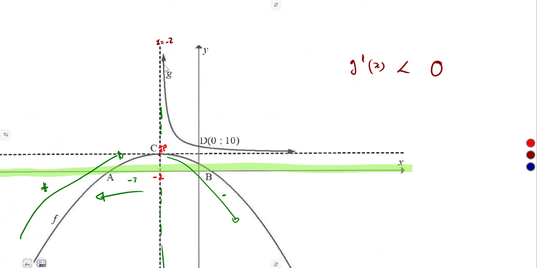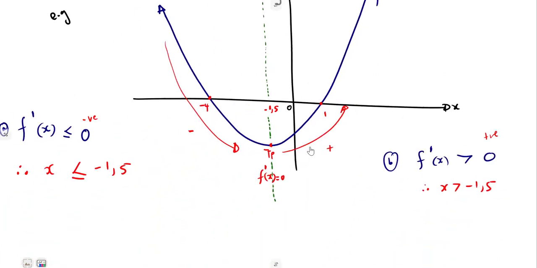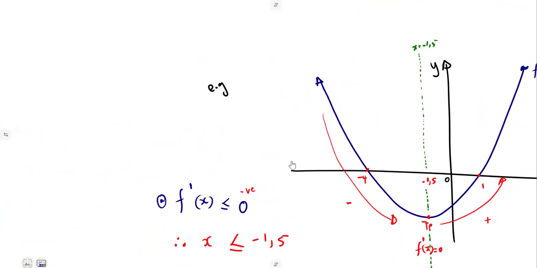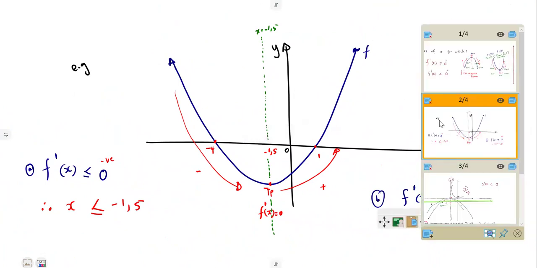So for g, since it's part of a hyperbola, its critical value will be with the asymptote now. The x value at the asymptote, and that x value at the asymptote was minus 2. So you compare from there. From minus 2, you check what is happening to the graph. It's a decrease, right? Remember that shape from the explanation that we had before. Let me just remove this one so that I can show you those notes.